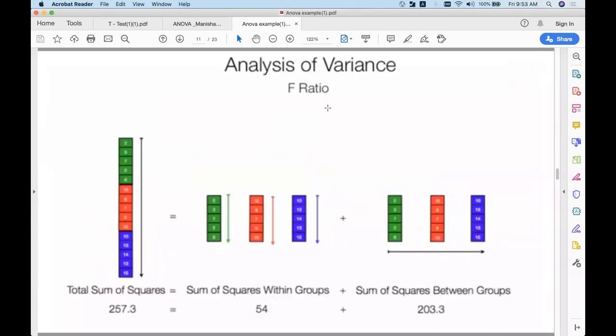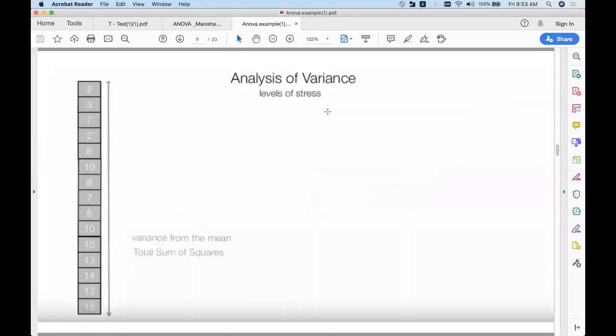So how do you find the sum of squares? Let me show you here. What is your mean? The mean is basically you add all these values, all 15 values, and divide. Then what is your total sum of squares? Let's say your mean is 4.